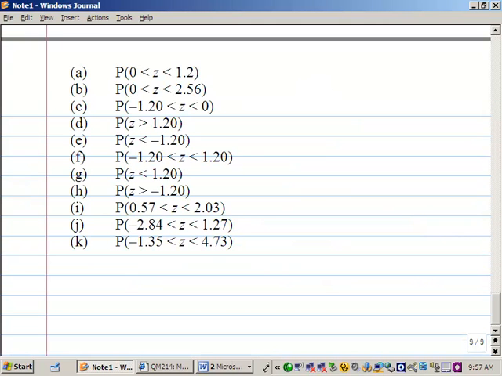Alright, what I want you to do now is to do these probabilities yourself from the z distribution. They follow a lot of the stuff that we've done right now. Before you go ahead and do it, let me point out that if you needed to find the probability of getting between 0 and some number not on the chart, the chart stops at 3.09.